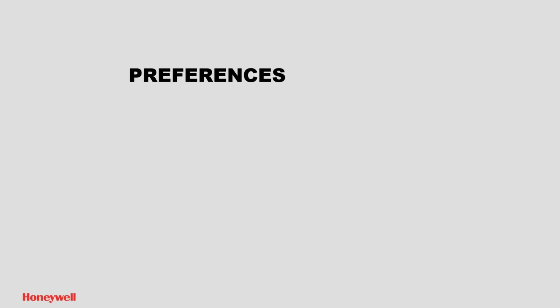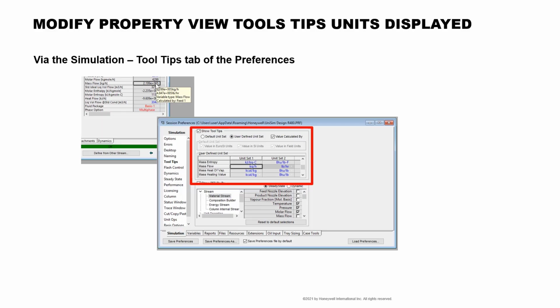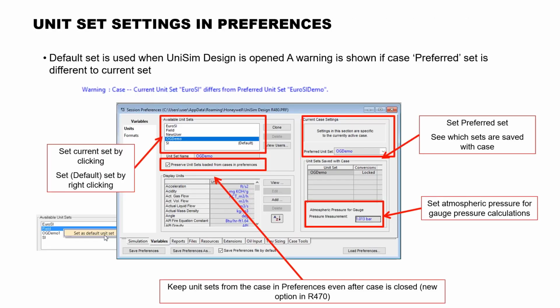So I've summarized some of those things we saw about the preferences here. We saw how to change the units shown on the tooltips via the simulation tooltips page in the preferences. We saw quite a few things about setting the unit set that UniSim Design is using on the variables tab units page, including changing the atmospheric pressure used for gauge calculations and the preferred unit set.